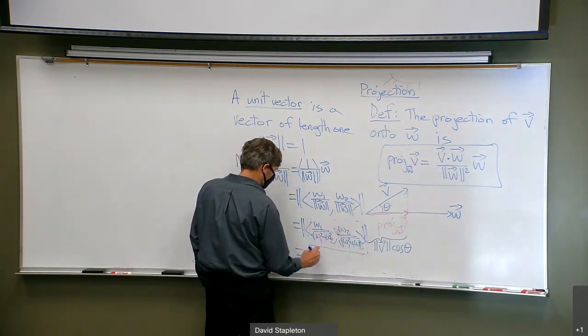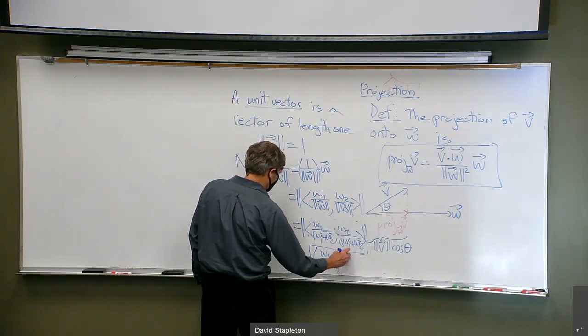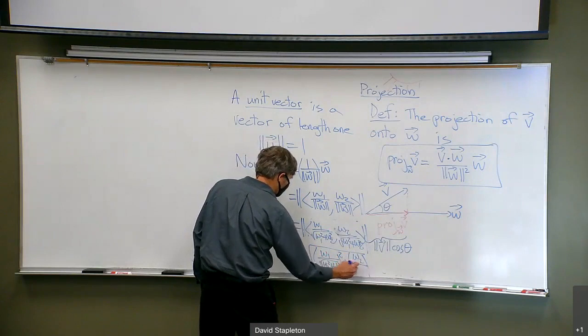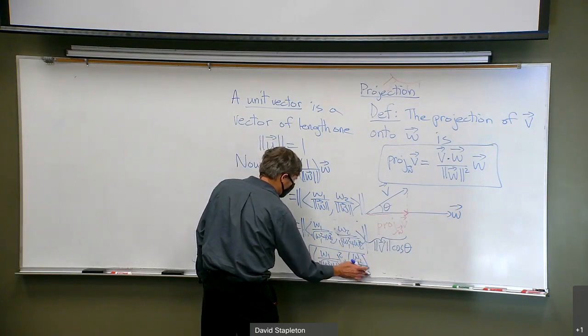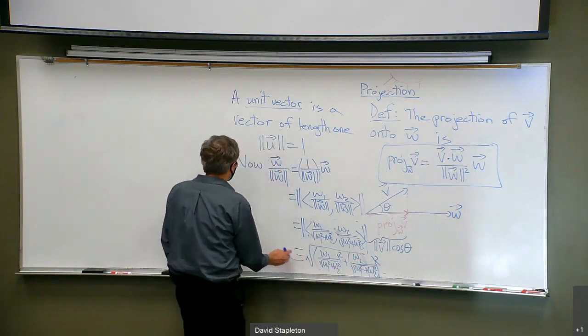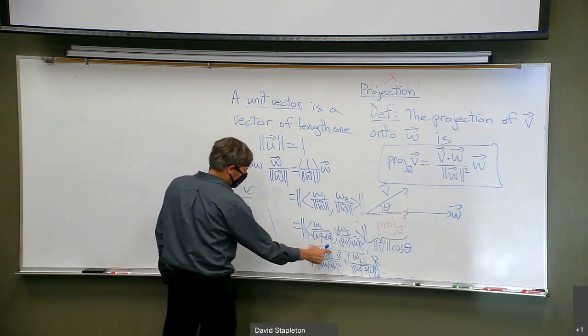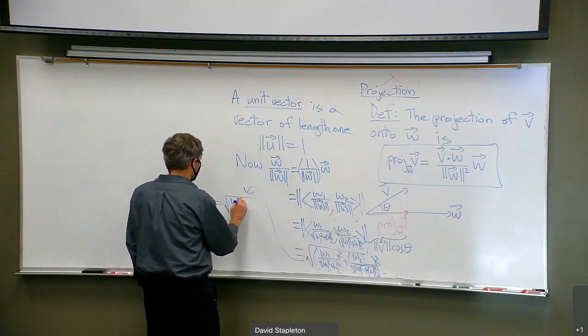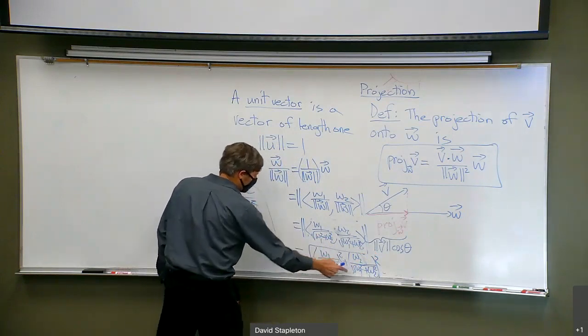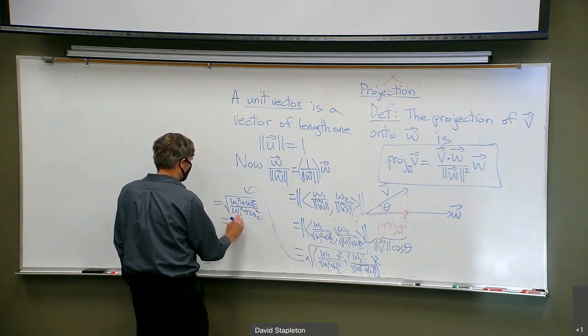Square root of this one squared plus this one squared, and that is equal to the square root of W1 squared plus W2 squared on the top, and combining the numerators, over each denominator of W1 squared plus W2 squared. Oh, it's the square root of 1, it's 1.